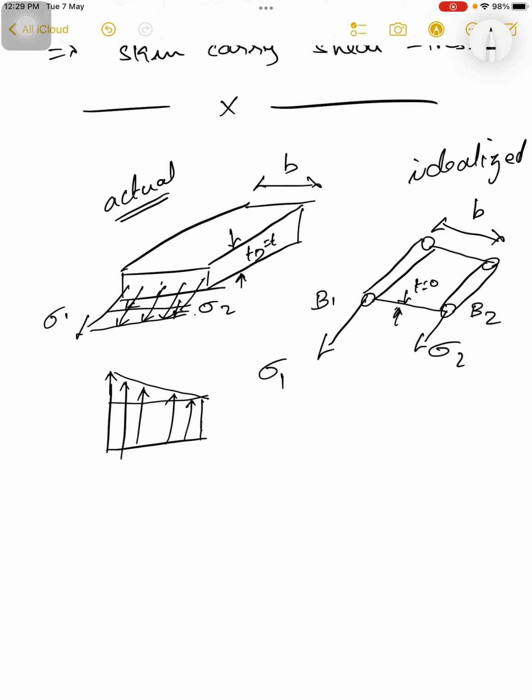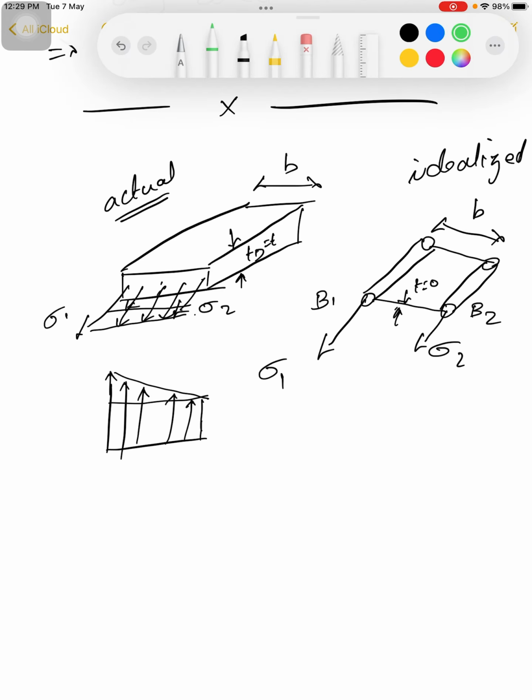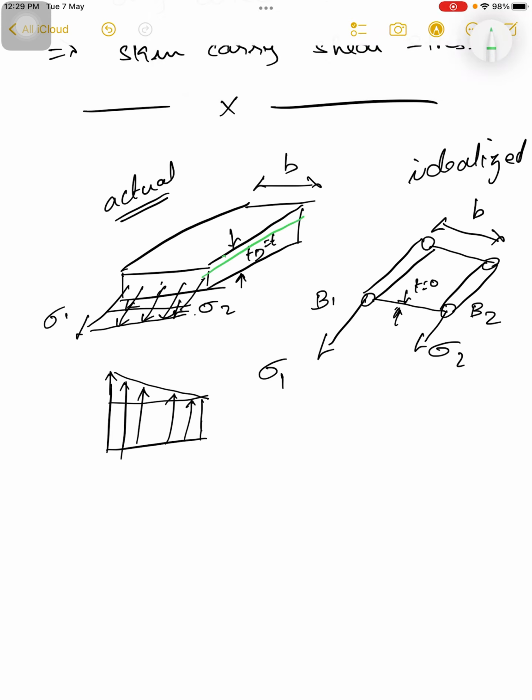So when I take a moment at this region of the actual and at this region of the idealized one, it has to be the same. According to our assumption, both the actual and idealized models have to behave in the same manner.